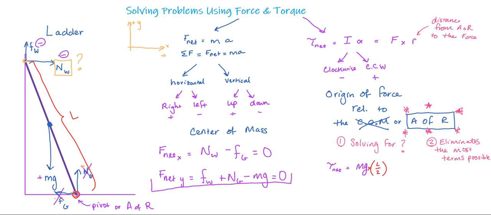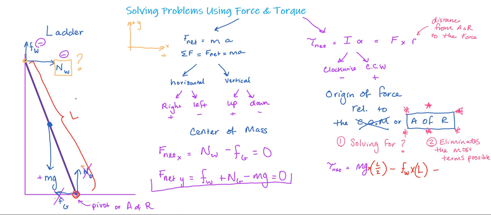Okay, now I'm going to subtract these two terms, so that minus this force of friction from the wall, which I'm going to call F sub W, and the R value for that, sorry, I keep forgetting to put my cross product in here, the R value for that is L, because that's where the force is acting relative to the center of pivot or the axis of rotation.